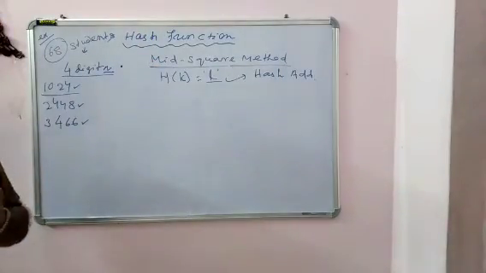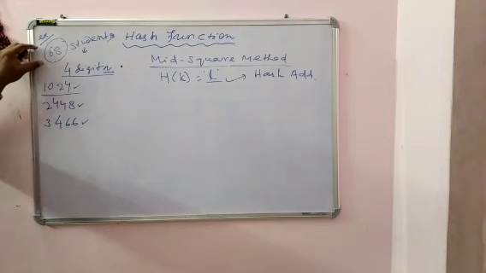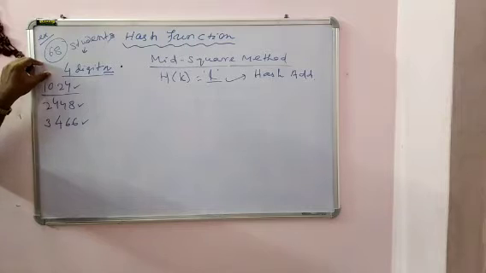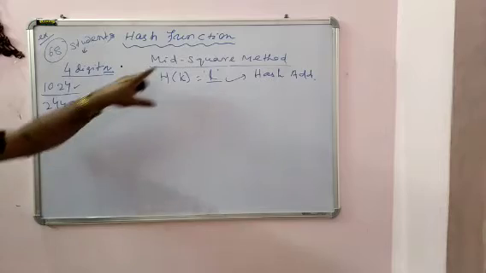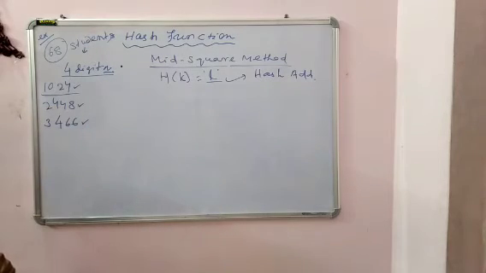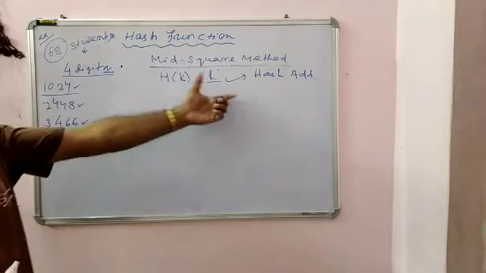Okay, same example: 48 students, and each student is allocated a 4-digit roll number. We are taking the student roll numbers 1024, 2448 and 3466 to find the memory address by using this mid square method. First we will find k square.